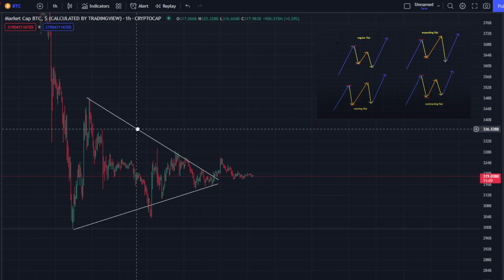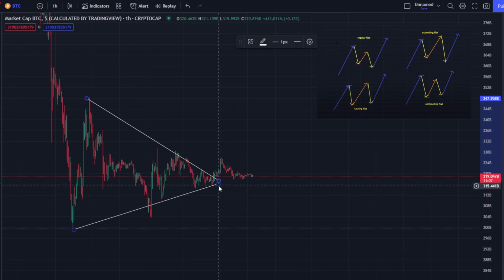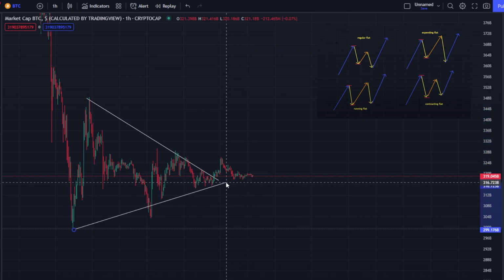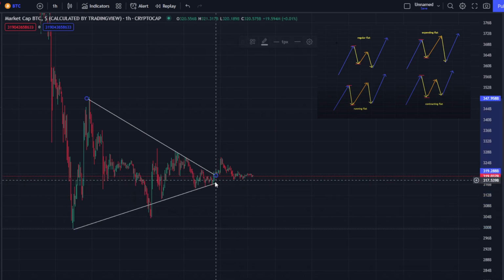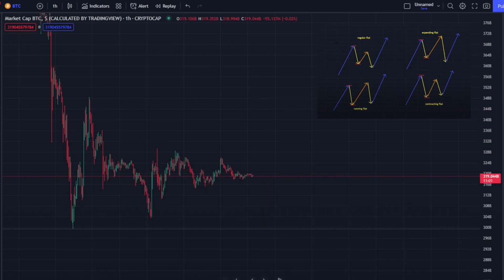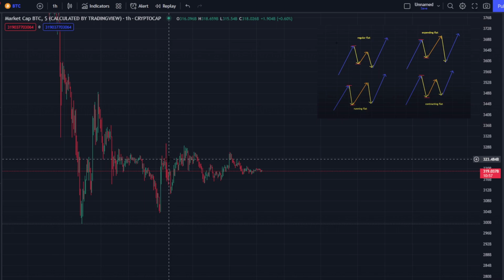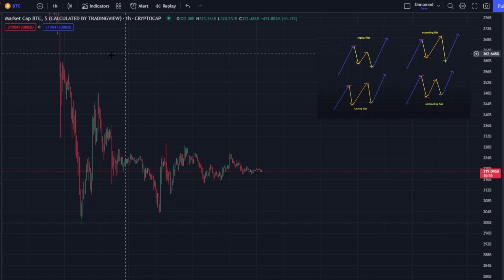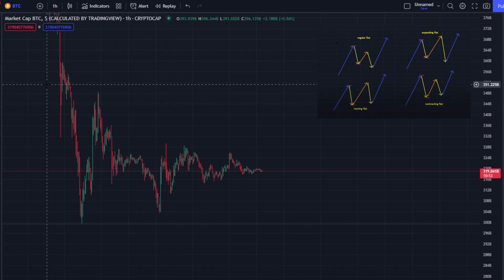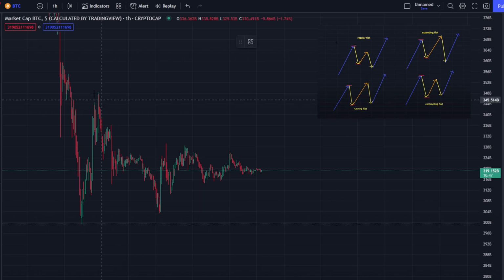So these lines don't exist for real, and that's why people can put it like this, people can put it like this, and sometimes it works, sometimes it doesn't work, and that's not something that has a lot of probability and will keep you making profit over time. So that's why the wave theory, which is something logical, mathematical, and that has psychology behind it, will most likely help you more than trading those lines, all right?